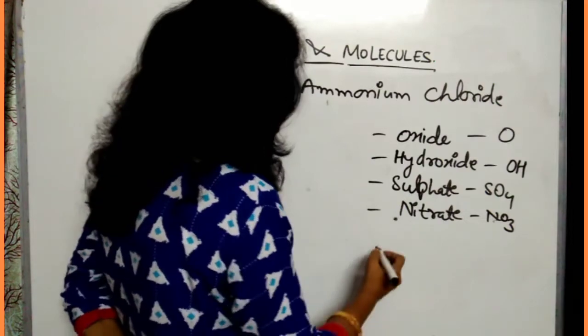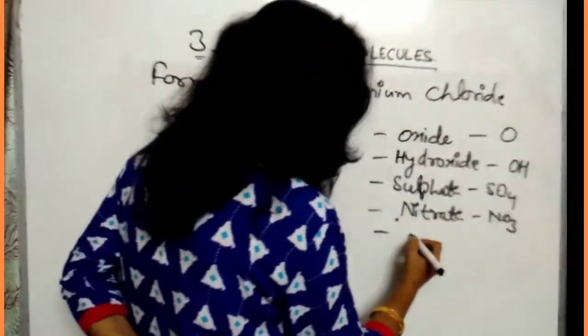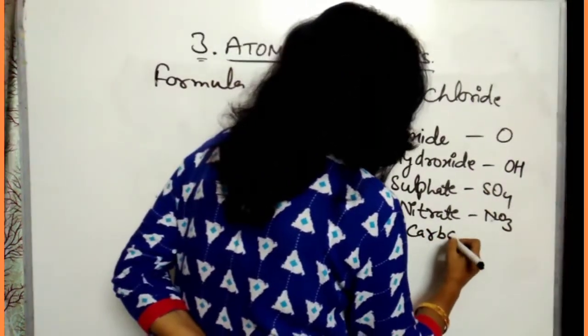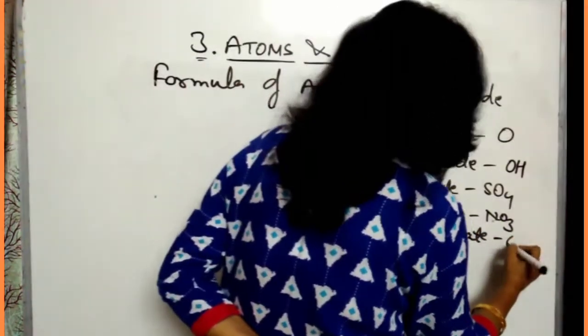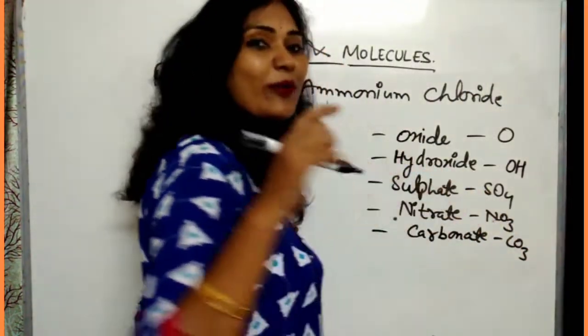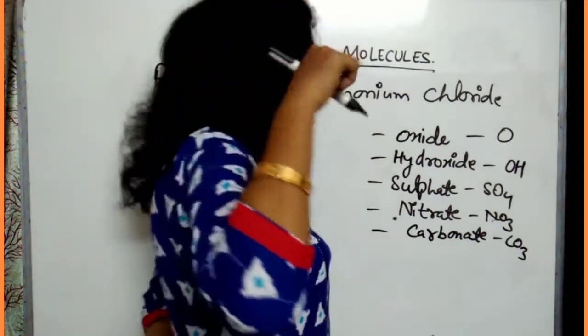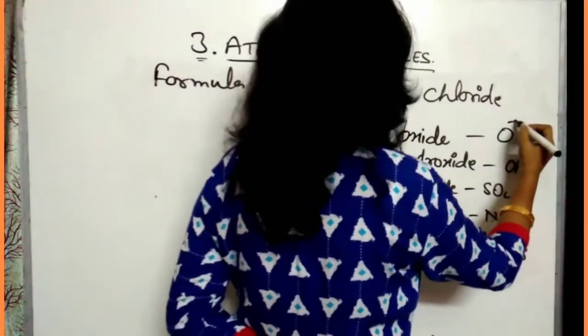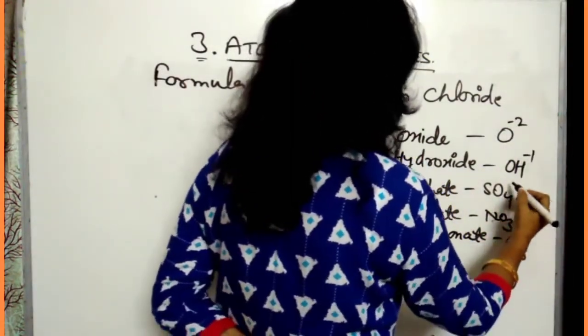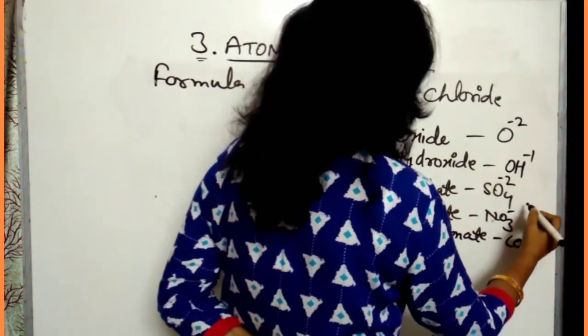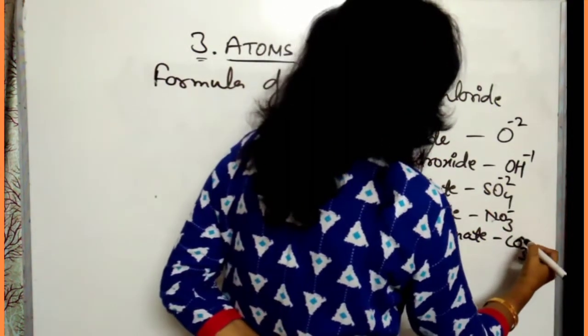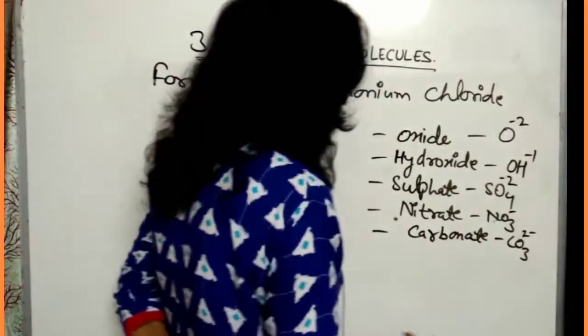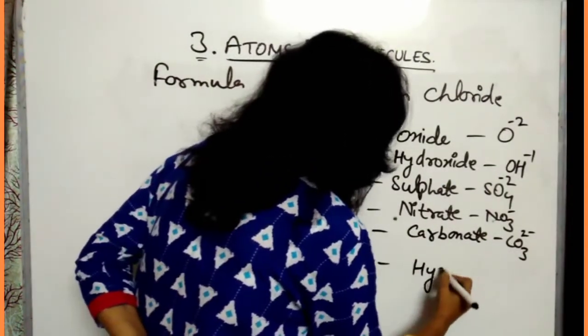These are the radicals which are present in them. Then carbonate, it's CO3. If you remember, what is written at the upper side, that is the valency. Like here -2, -1, -2, -1. Then hydrogen carbonate.